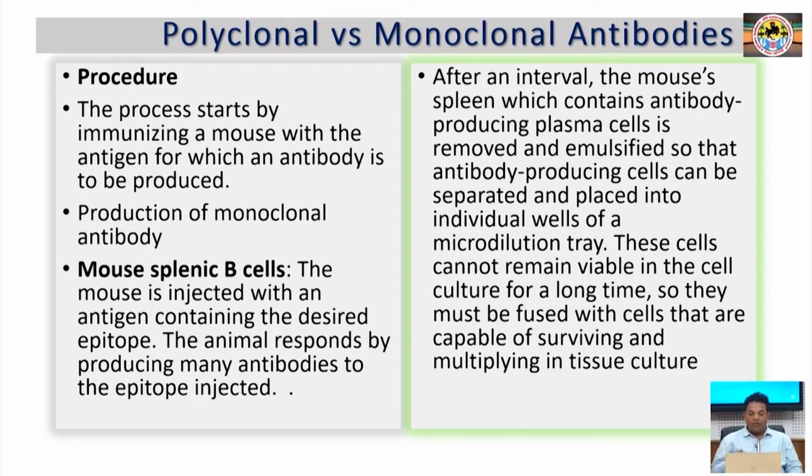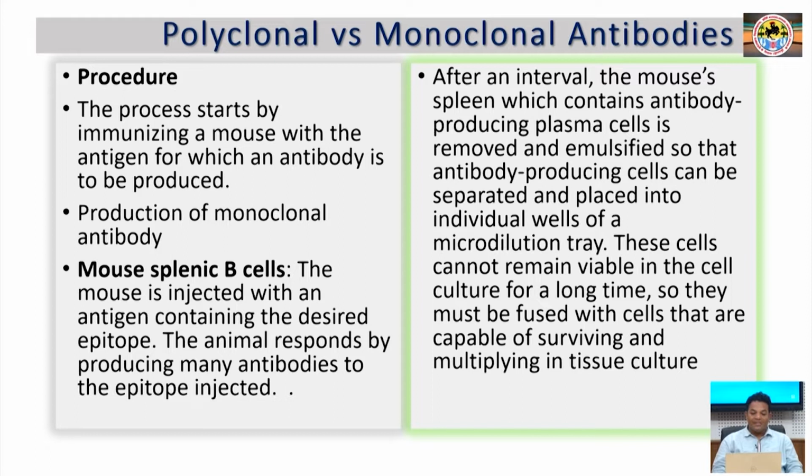So, for production of monoclonal antibody, first of all, after injecting the antigen into the peritoneal cavity of the mouse, we will isolate their serum. From where will we obtain it? Here the step is that we isolate the mouse splenic B cells.